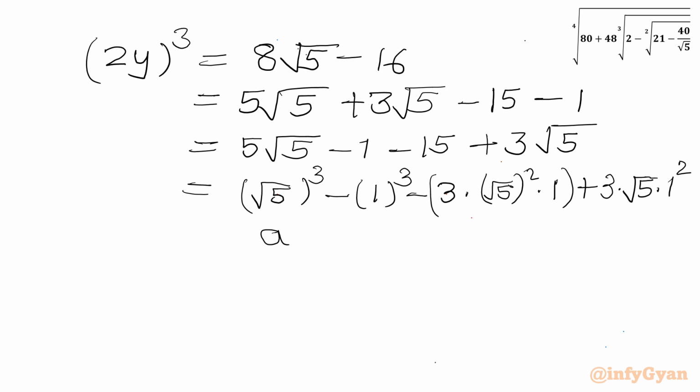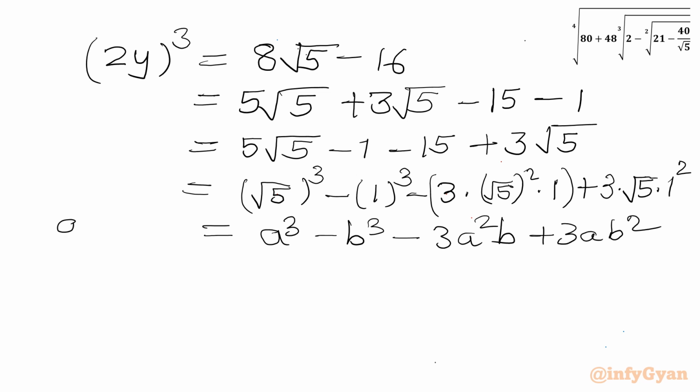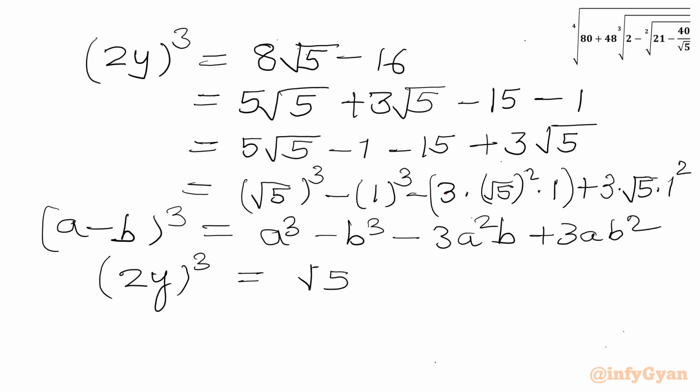Let me write that formula: a cube minus b cube minus 3a square b plus 3ab square. This is nothing but a minus b whole cube. So we can write 2y whole cube will be equal to (square root 5 minus 1) whole cube.